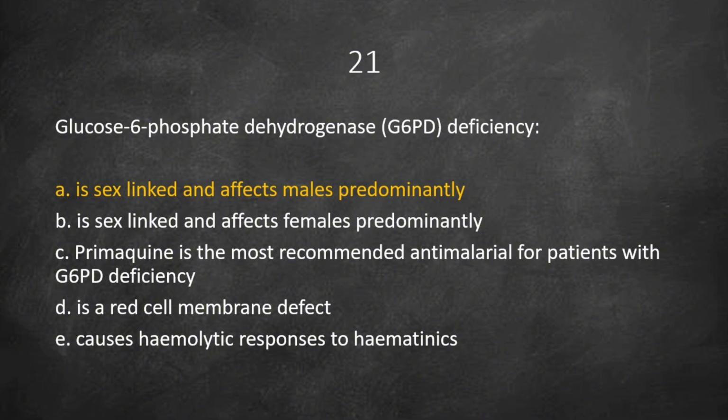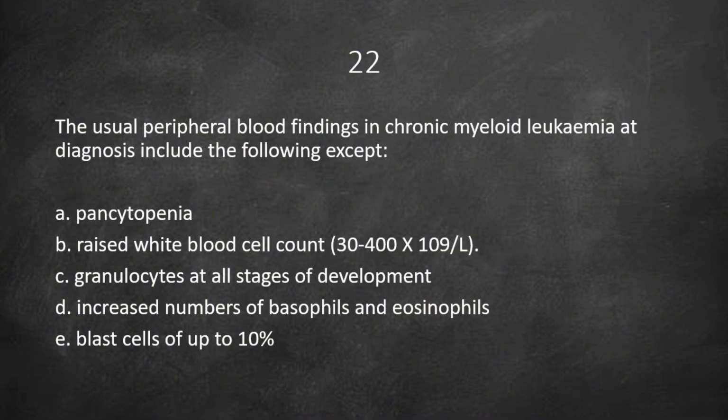The answer is A. Then question 22, it says that the usual peripheral blood findings in chronic myeloid leukemia at diagnosis include the following except: A, pancytopenia; B, raised white blood cell count, 30 to 400 thousand cells per microliter; C, granulocytes at all stages of development; D, increased number of basophils and eosinophils; and E, blast cells of up to 10%.